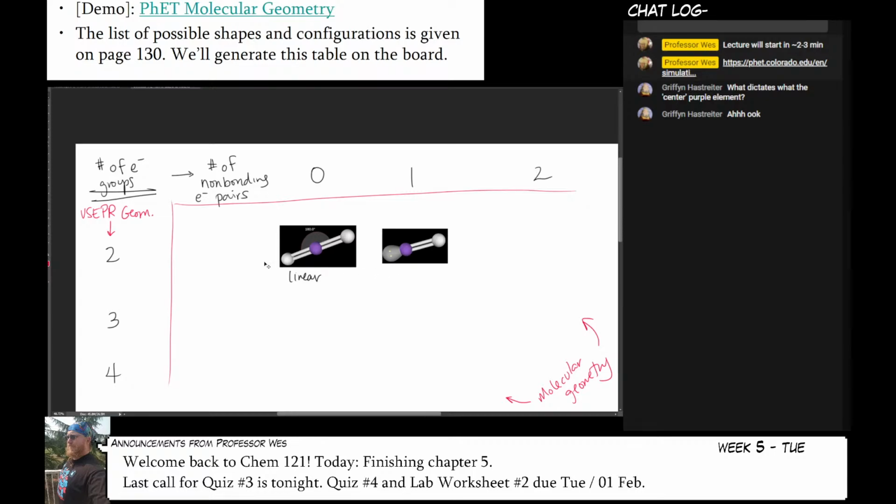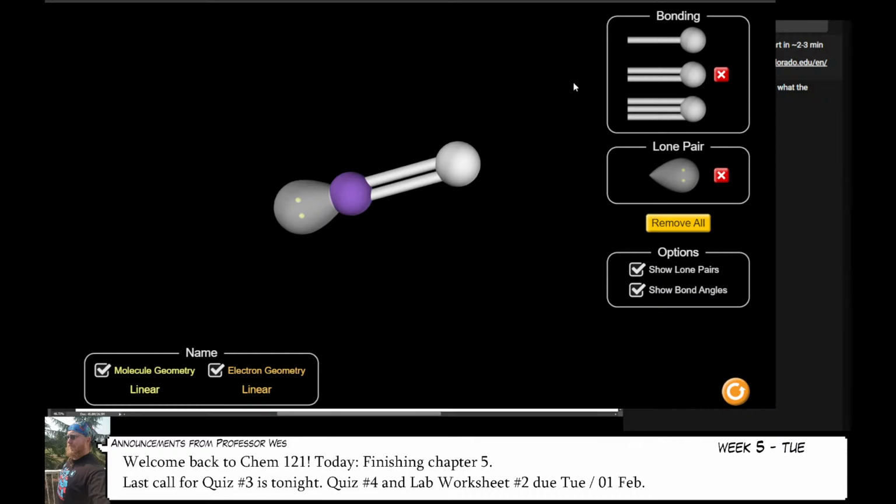Now, obviously, if there's only 2 atoms, it's always going to be linear. In fact, this one's just sort of to show you the concept that I'm doing here. So that one we don't really care about too much because you're not going to see 2 groups where one is an electron pair. But with 3, things get a little more complicated.